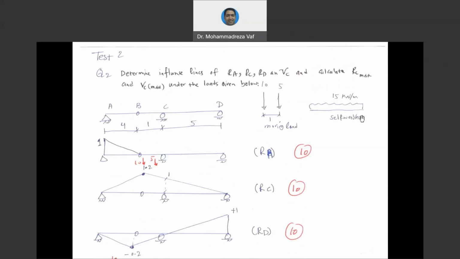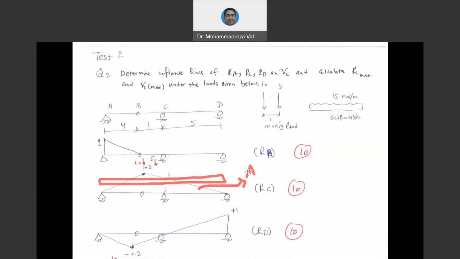So first we need to calculate how much is the value of RC when we have a self-weight over there. And then after that, we are going to put our moving load to the location that gives us the largest value. So for self-weight, since it is always all over the span, the self-weight is going to impose its effects to the whole area.